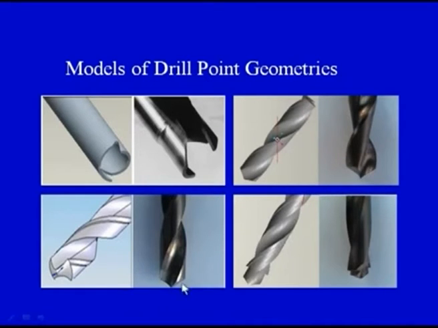Here we can see a simple twist drill and the model of the twist drill, and this is a jaw point or jaw drill, and here we see the model of the jaw drill. So first and foremost, we have to make a model, and any geometric modeling software can be used for making these models.